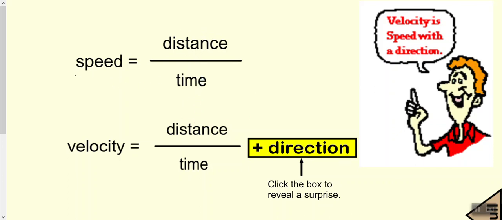Speed and velocity are usually called derived quantities. Derived quantities means they are taken from other physical quantities and then combined to give meaning to it.